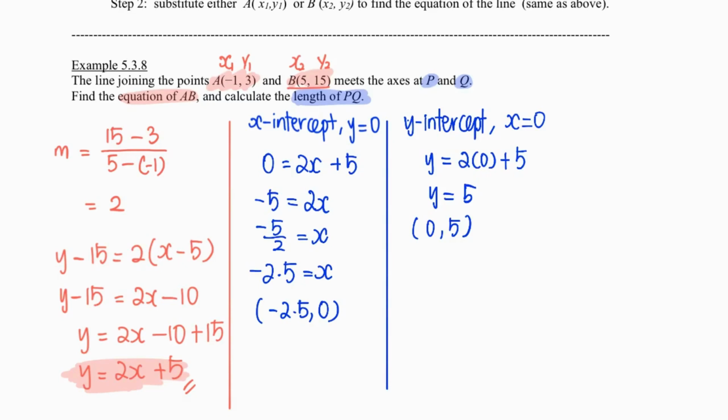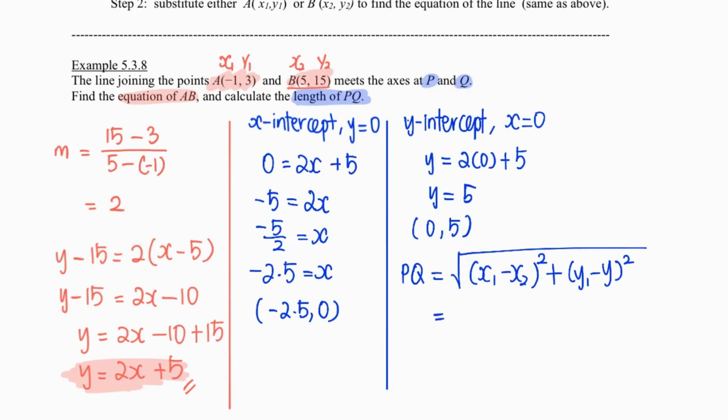Now is to find the length of this particular segment. We are going to apply what we learned previously. So my length PQ will be equal to the square root of x1 minus x2 bracket squared plus y1 minus y2 bracket squared. So just substitute in neatly and you will get the answer.